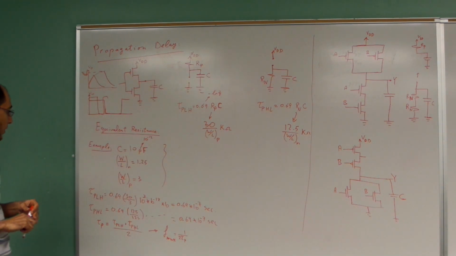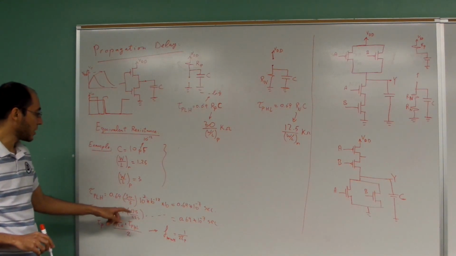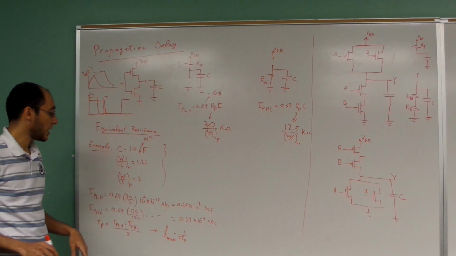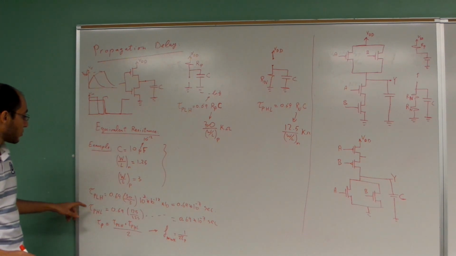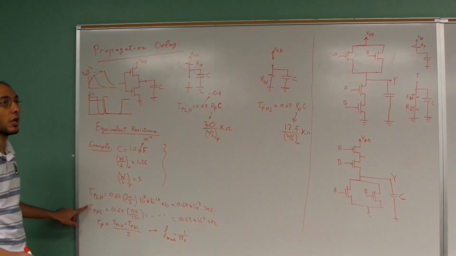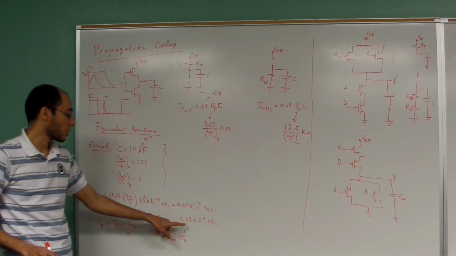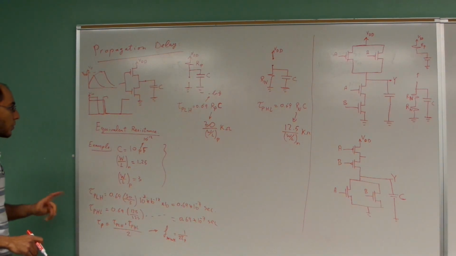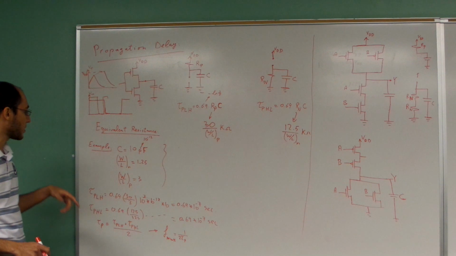Usually, I chose these numbers in such a way that these are going to be equal, that is just by coincidence. But usually you might have the propagation from high to low larger than that from low to high, or the other way around. From low to high is larger.